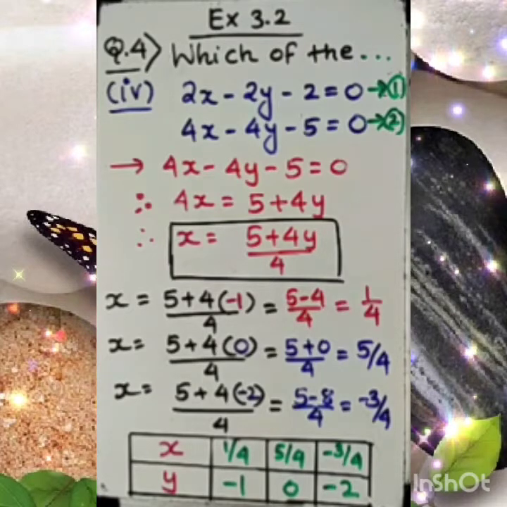Fine. So let's think about this. Now 1 by 4 comma -1, plus minus, will lie in the fourth quadrant, you know very well. Here, as the y coordinate is 0, the point 5 by 4 comma 0 will lie on the x-axis. Clear?